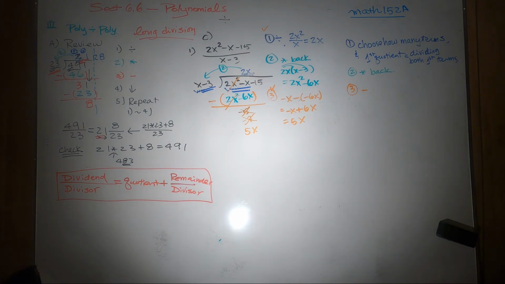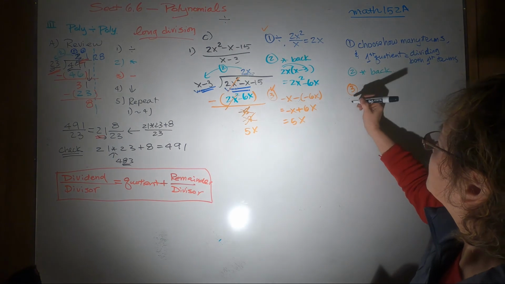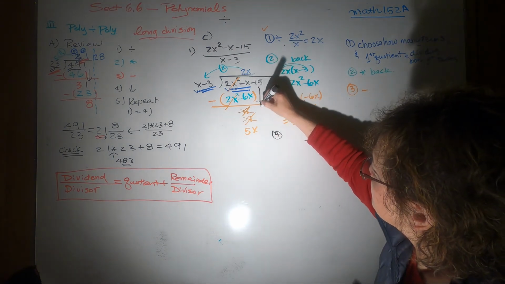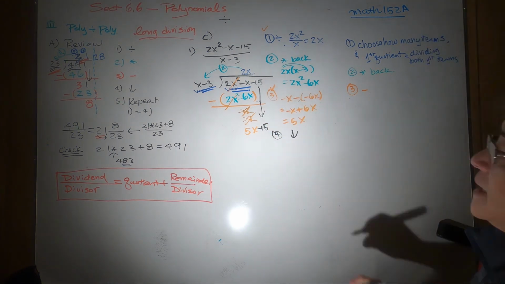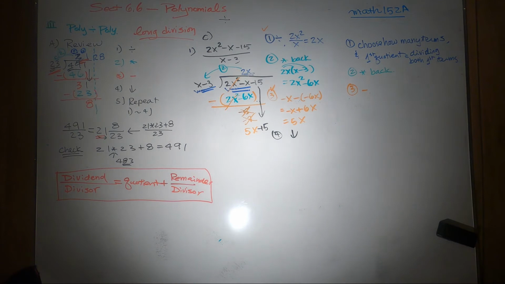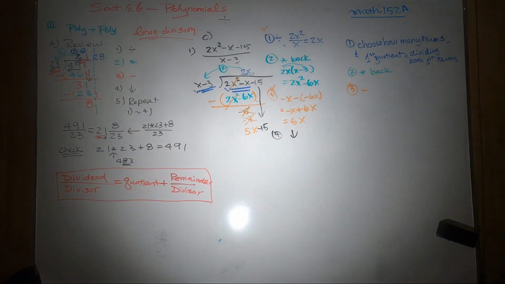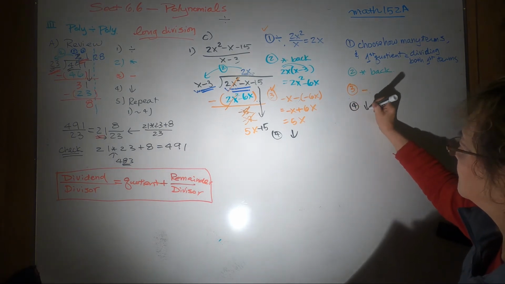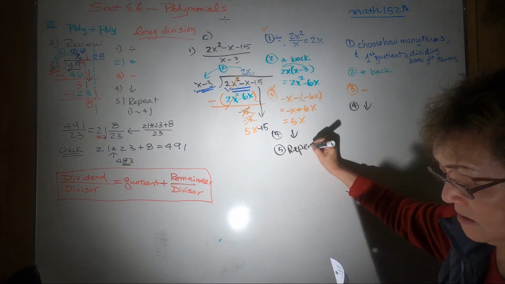Then what's the next step? We will do like here. You will bring down the next one, -15. Then what do you do next step? You bring down, then next one you will just repeat.